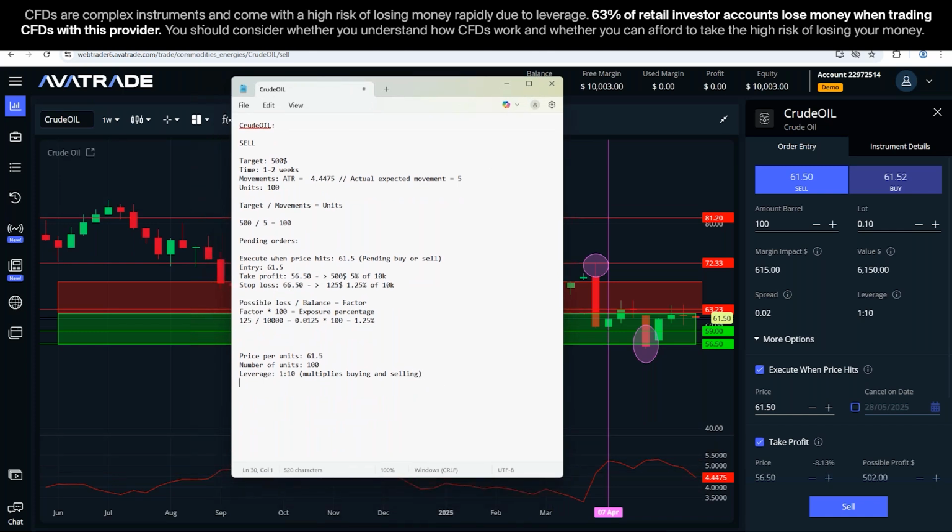Now, if we go price per unit times number of units, we get the value, which is already displayed automatically right here. If we divide the value by the leverage, we get the margin impact, which is the necessary amount to open a position.